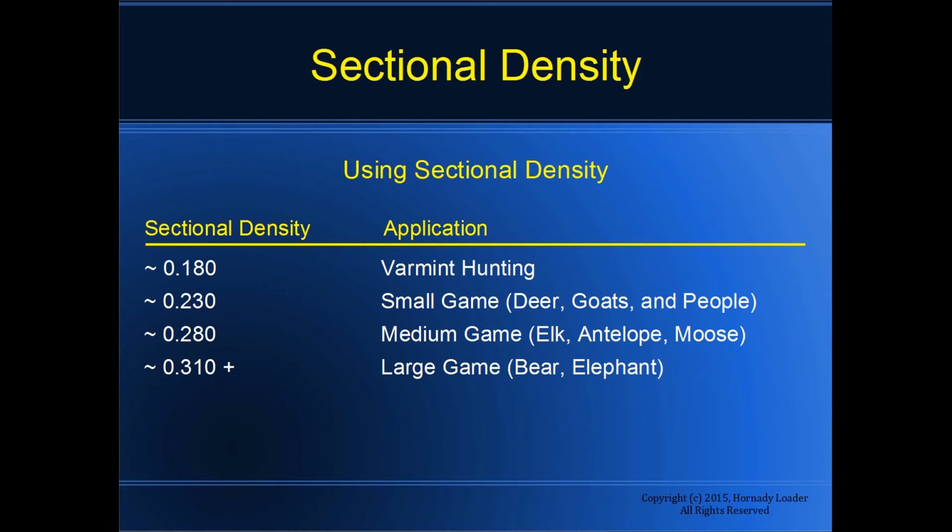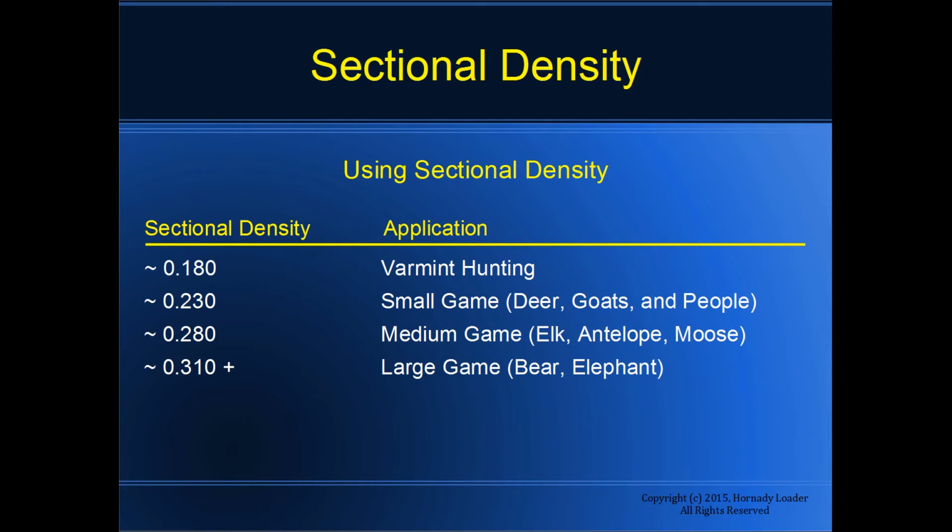Now, in the small game group there, where I've included people, 0.230 sectional density is a little high, but here we're talking more about military or police applications where you're dealing with people wearing heavy combat gear.